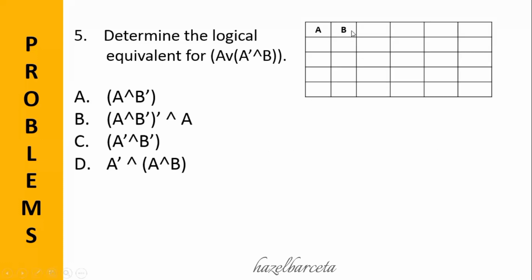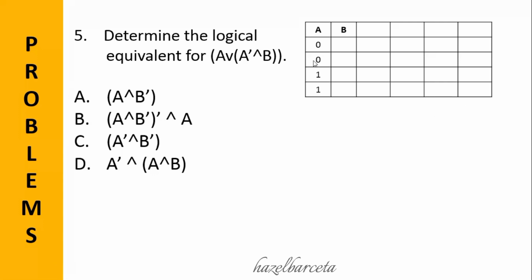So, we have A and B as our inputs and 1, 2, 3, 4 rows. Ano po ang ating ilalagay dito? Since we have 4 divided by 2, therefore we have 2. The first 2 rows will be for 0 and the other 2 will be for 1. So, ganyan. Then, dito naman, we have 2 divided by 2 is 1. So, alternate na po tayo.